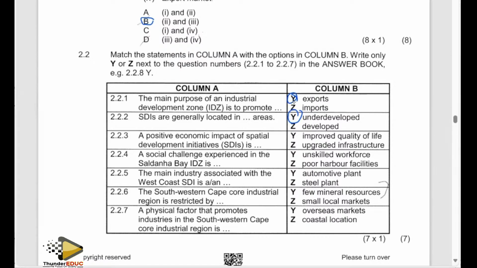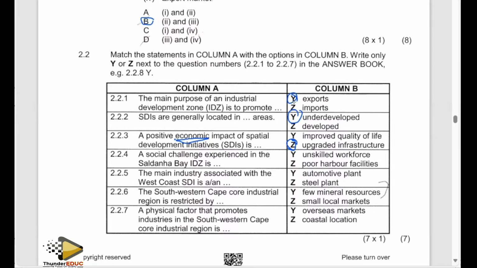A positive economic impact of spatial development initiatives is, the question here is saying economic. Check on the question. Quality of life is not economic, it's social. So the correct response is upgraded infrastructure. The social challenge experienced in the Saldanha Bay.